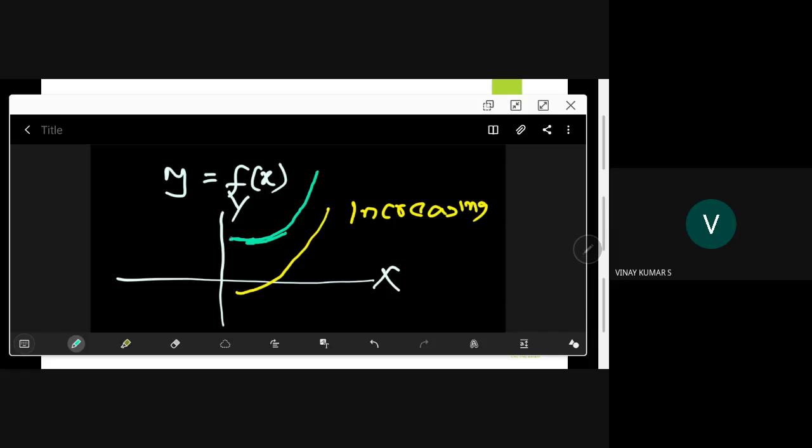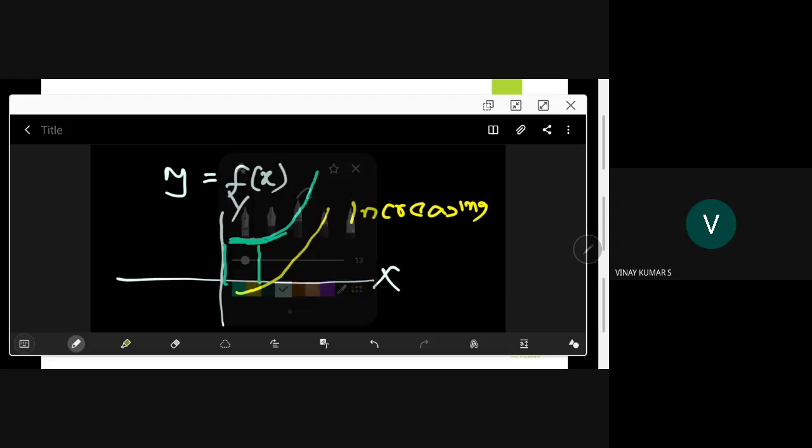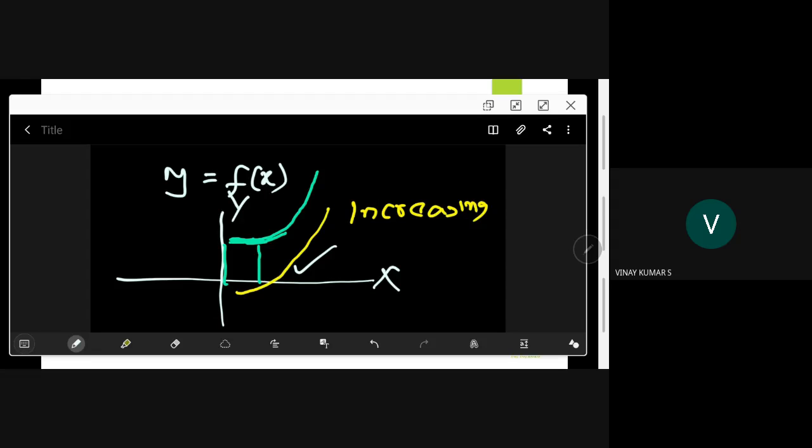So this is called monotonically increasing, but because for some time in this place it remains the same, it is not strictly increasing, while this one is strictly increasing. Similarly, one can talk about decreasing functions also.